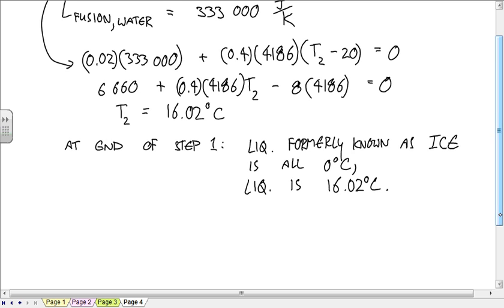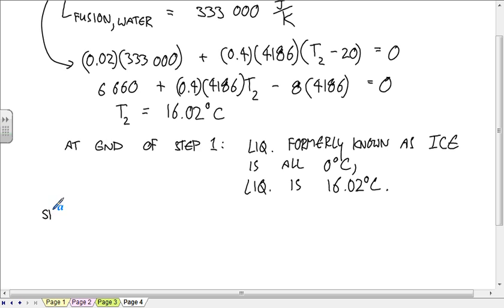Okay, so now what's going to happen for step 2? Which way is energy going to flow? So we still have, even though they're both liquid, that smaller pocket of liquid that's at a lower temperature. So energy is going to flow from that bigger pocket to that smaller pocket. Now they're all liquid, so there's not going to be any more phase change.